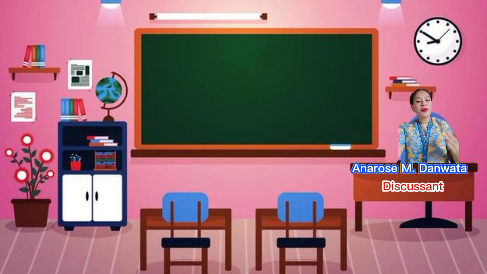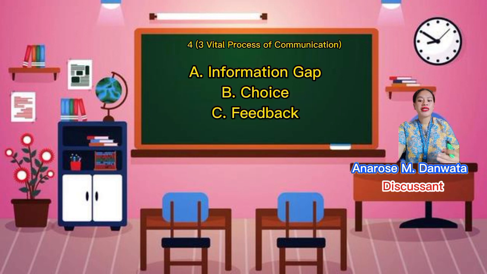Principle number 4: the vital processes of communication are the following. Letter A, information gap: communication entails information transfer in order to connect lapses in interaction. Letter B, choice: communication involves choosing the ideas to be expressed at a given moment, and likewise adopting the appropriate linguistic forms to verbalize such concepts.